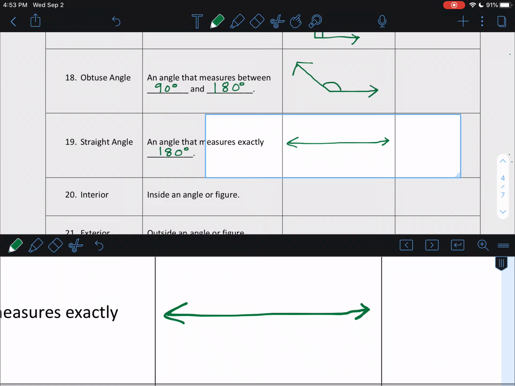And I guess I can draw the little angle thing, but there's no need to do that because that's a line. We call it a straight angle, pretend that there's like a point here, but it's a straight line, but can also be called a straight angle. And again, there's no way to name this one.